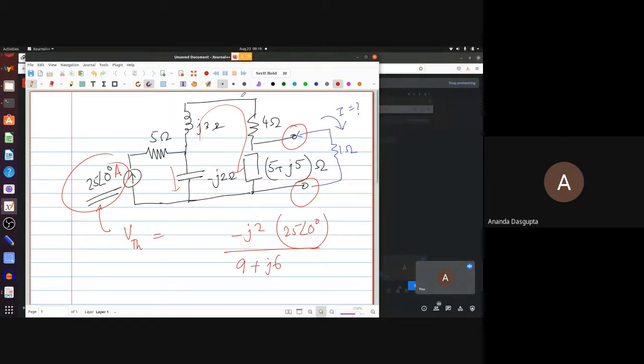So that's the current in this branch. And then you multiply it by 5 plus j5. That gives you the Thevenin voltage. So this is the quickest way of doing the thing. There are, of course, many other ways of calculating this. But if you do it this way, it's going to be fastest. So are there any questions about this? Did everybody understand what I've done here? This is elementary, of course. And I hope most of you have done it this way.